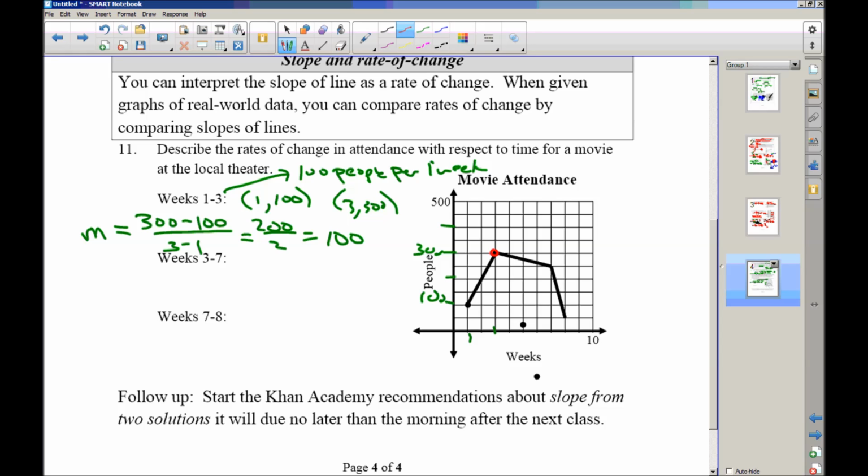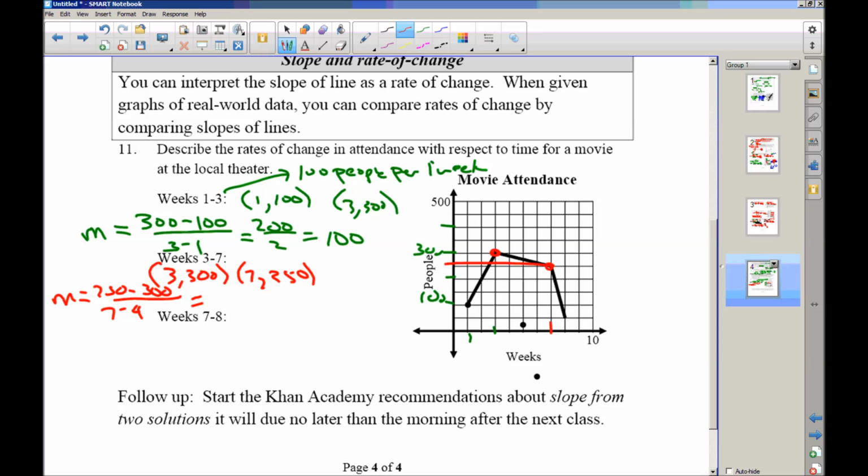All right. Weeks 3 to 7, that's here, and ends over here. So at week 3, we had 3 and 300. And at week 7, let's see, 7 gave me 250. So we do our rate of change. Our slope here is 250 minus 300 over 7 minus 4.